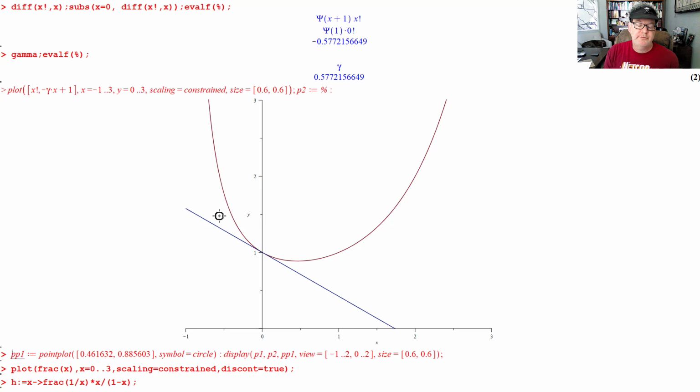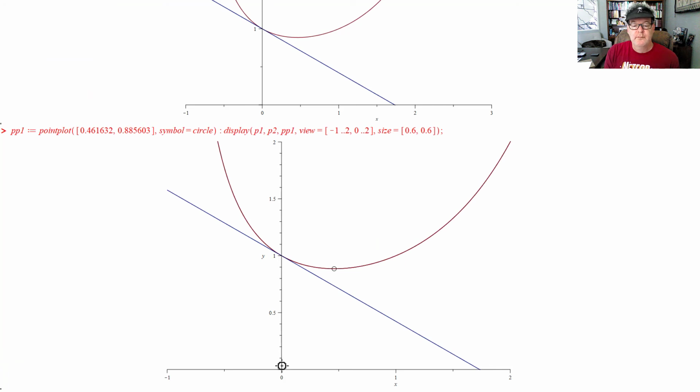The derivative at 0 is negative gamma. So not as well known a constant, but a pretty important constant. So that's the derivative at 0, negative gamma. And its minimum value. So obviously at 0 it's 1, and at 1 it's 1, and then it dips. So the minimum value, it's not quite at 1/2, it's a little before.